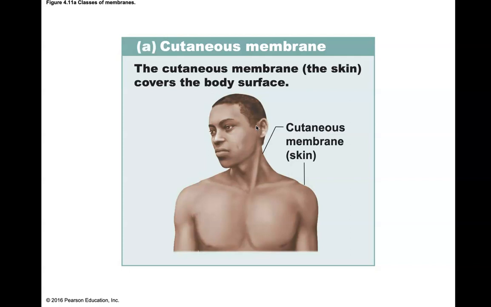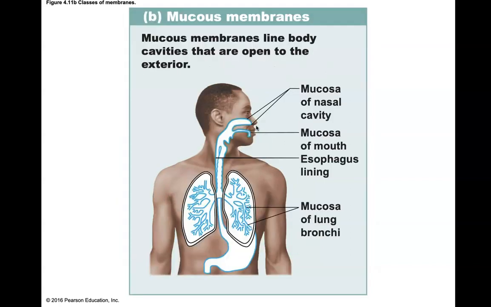But you get bacteria on your hands throughout the day. And then if you rub your nose, you introduce that bacteria into your nose, where you just have your mucous membranes protecting it. And pathogens can move more easily across that mucous membrane than your cutaneous membrane.